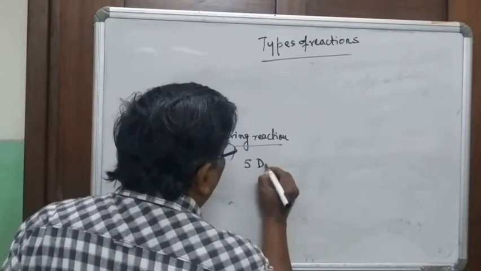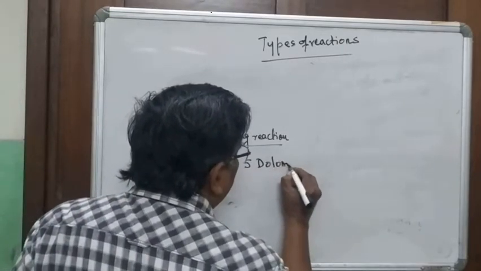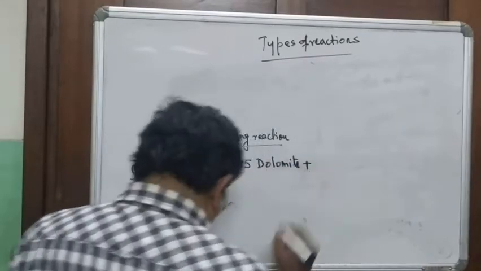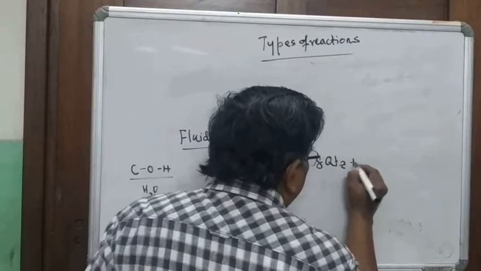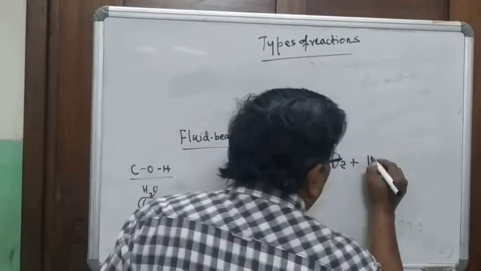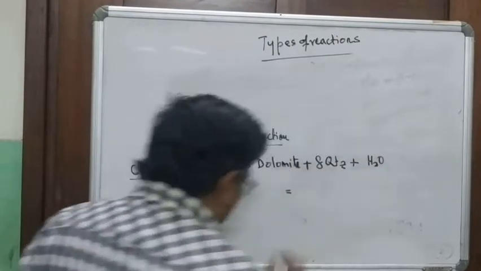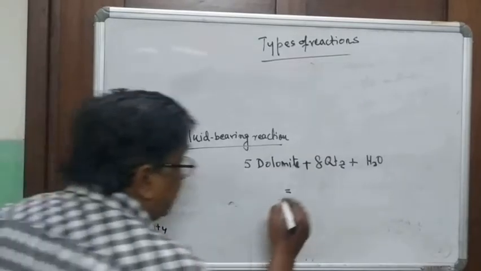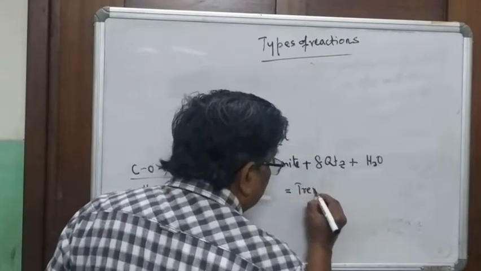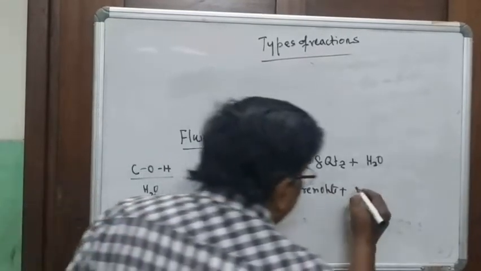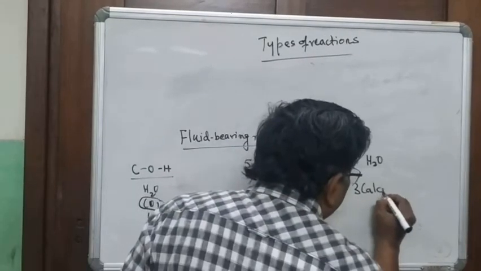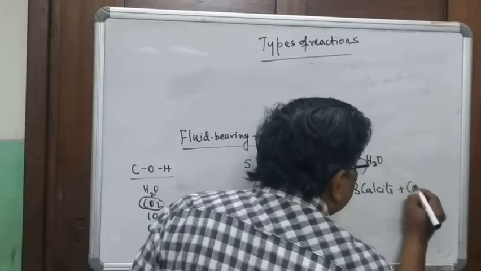5 dolomite plus 8 quartz plus H2O is equal to tremolite plus 3 calcite plus CO2.